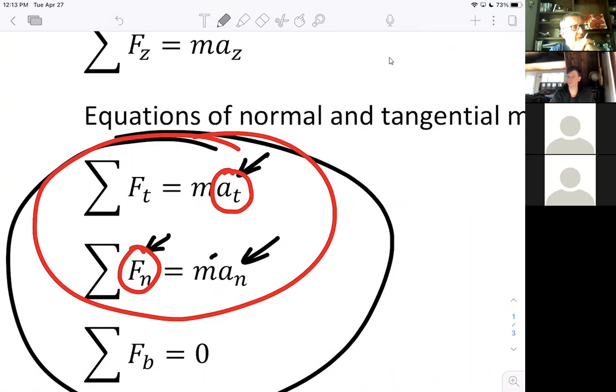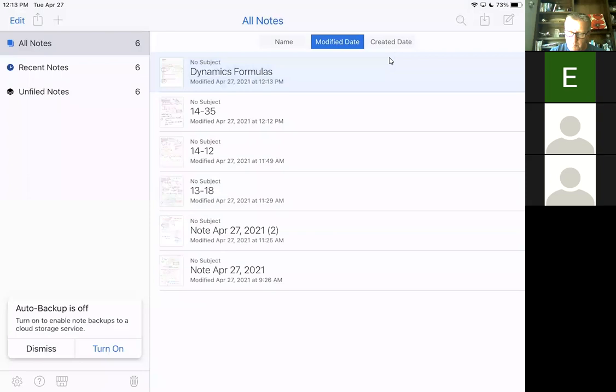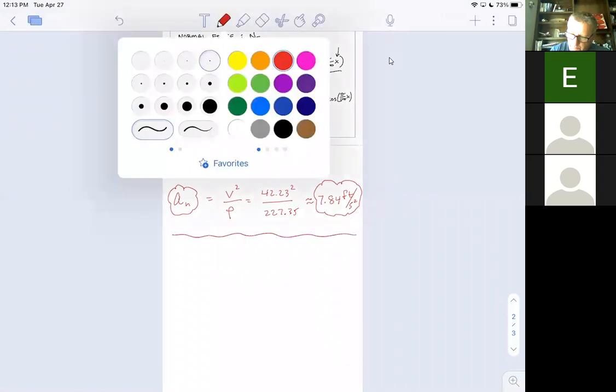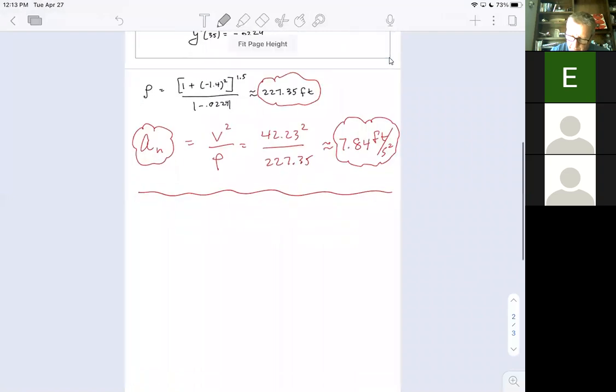But when you see forces normal and forces tangent, that should concern you, because what direction are those? Well, unfortunately, if the skier is here, then those are forces tangent and forces normal.